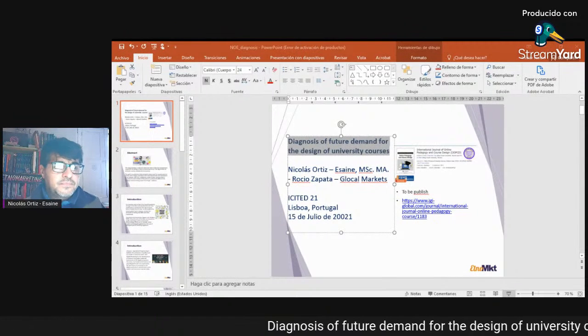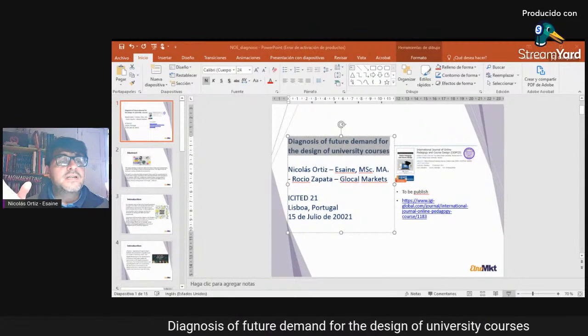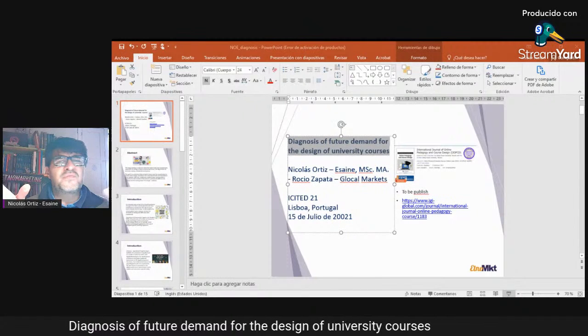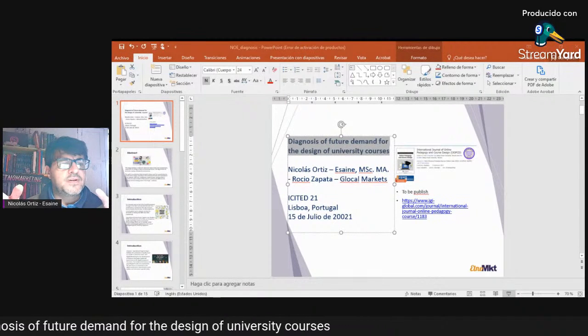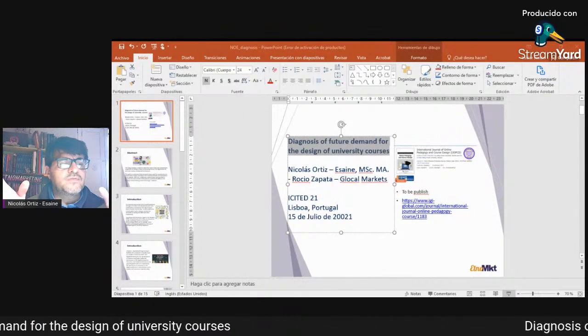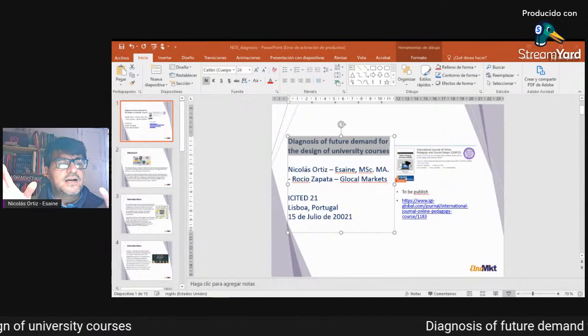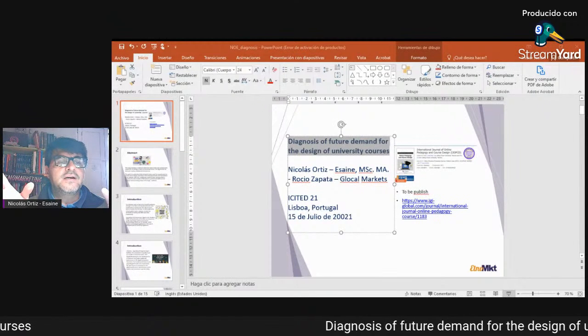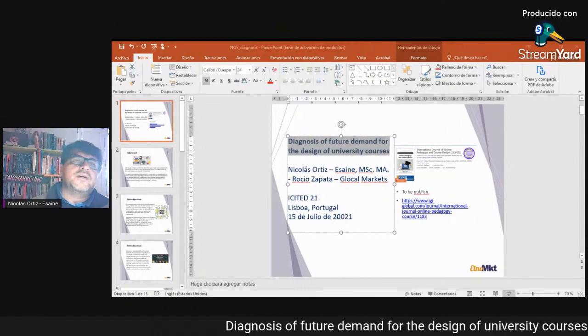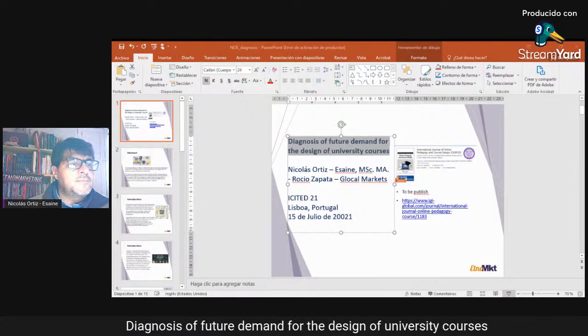The university is not about giving job instructions or job training. We have to contemplate the capability to adapt to organizations and innovate.